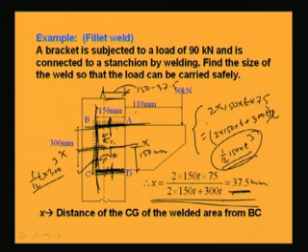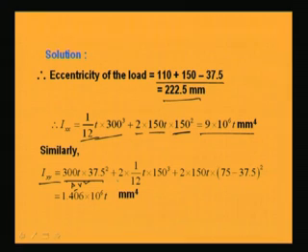Then for this portion we first find it about its own axis, then transfer with A R square. So 2 into 1 by 12 T into 150 cube is about its own axis. 2 is multiplied because there are two positions, top and bottom, and then A R square.